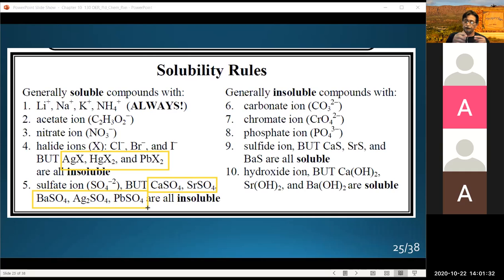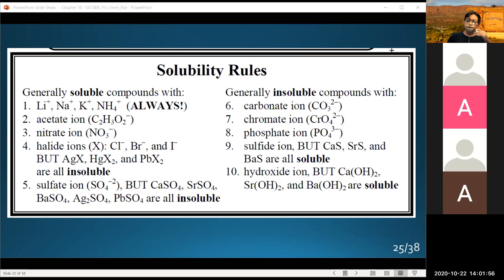And you've got to do a second check, even when dealing with the carbonate. Yes, you can say automatically it's insoluble unless it's one of the 4 up here: lithium, sodium, ammonium, and potassium. So you've got to take it just one more step to verify that it's not those 4.